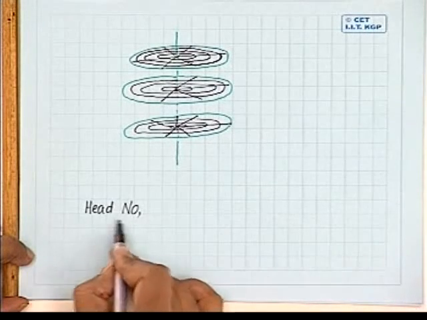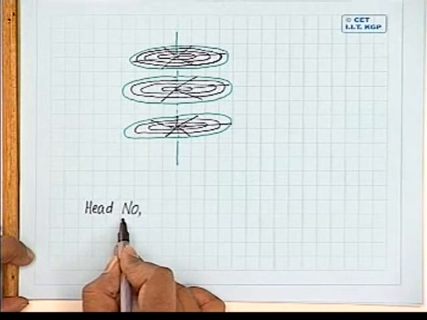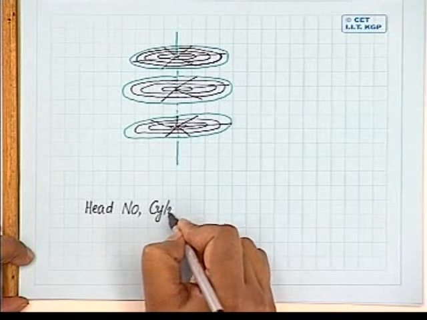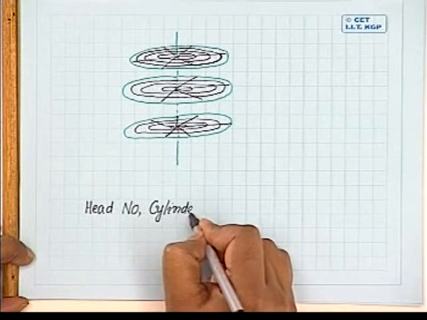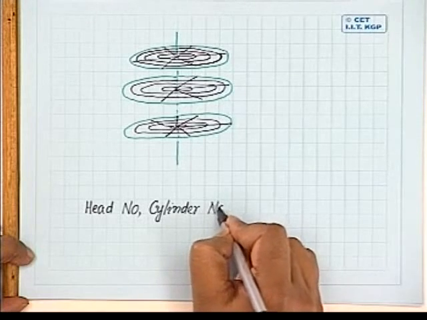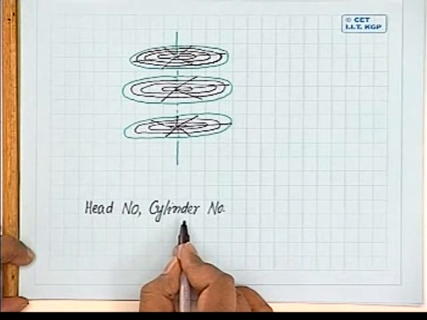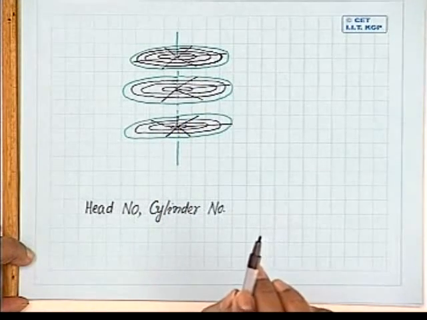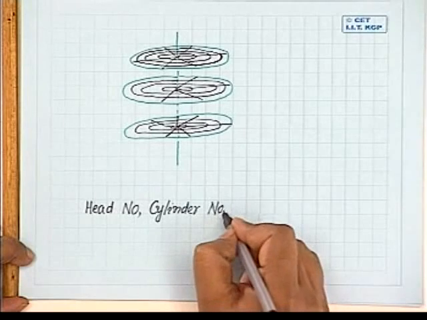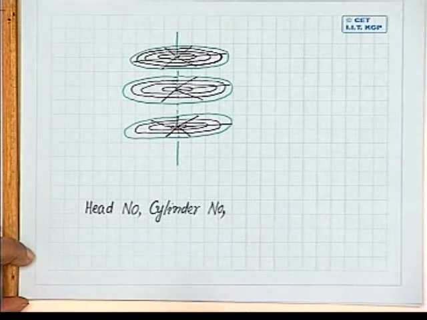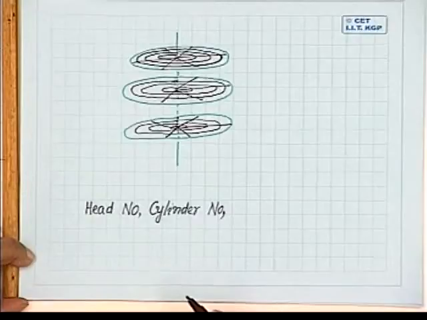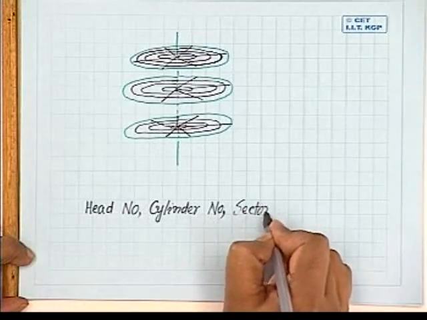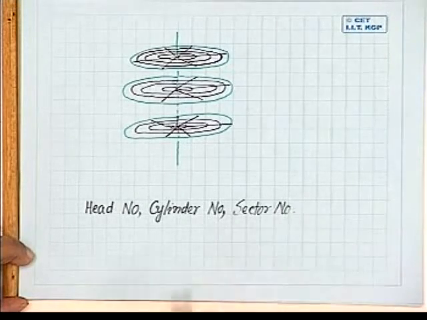So for addressing a particular block, I have to have the head number, I have to have the cylinder number, so this head number and the cylinder number taken together identify a particular track on one of the disks. Once I have identified a particular track, then next I'd like to know the sector number. So the third component in the address will be the sector number.